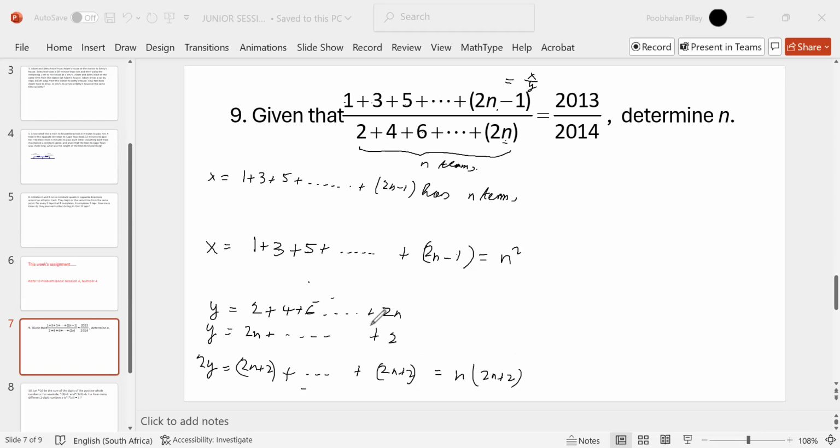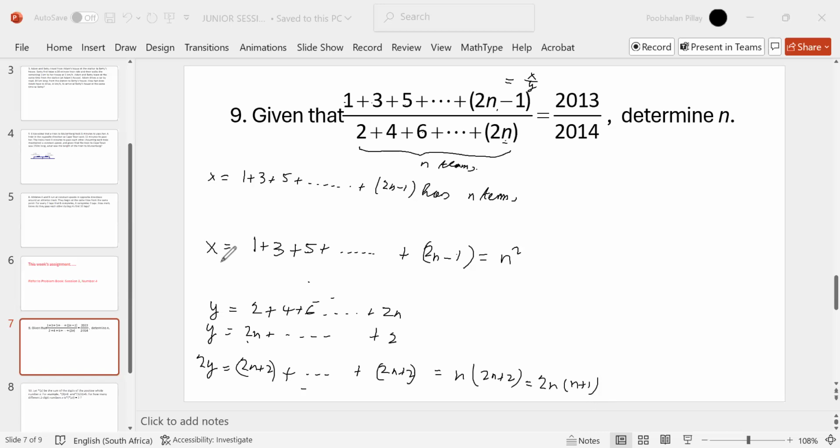If you add 3 five times, you're going to get 3 times 5. So you're adding this n times, and you're going to get this. So that's 2y. Therefore, y is equal to, you have to divide by 2. You can take out 2 as a common factor here. This is 2n into n plus 1. So 2y is 2n into n plus 1.